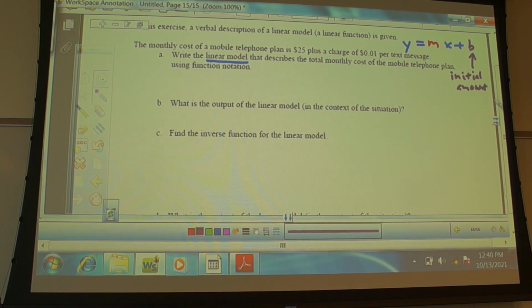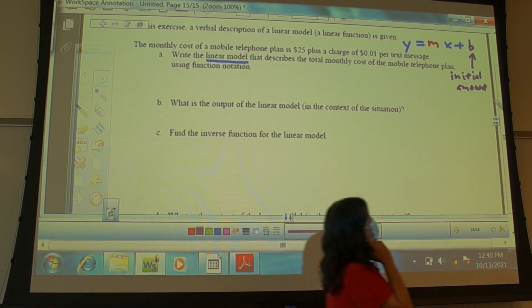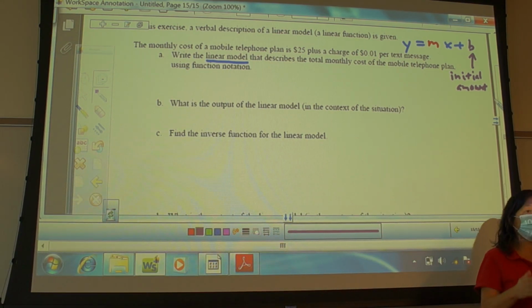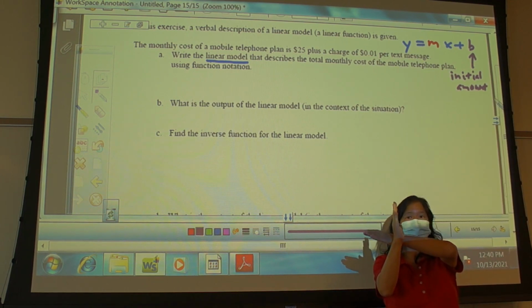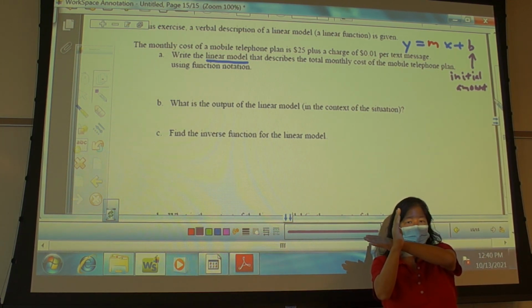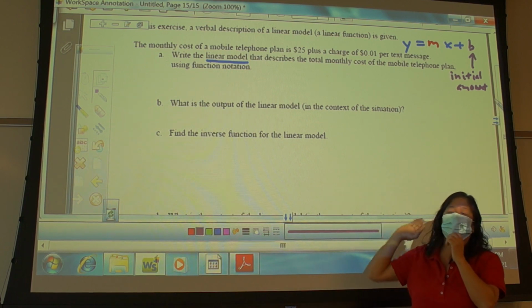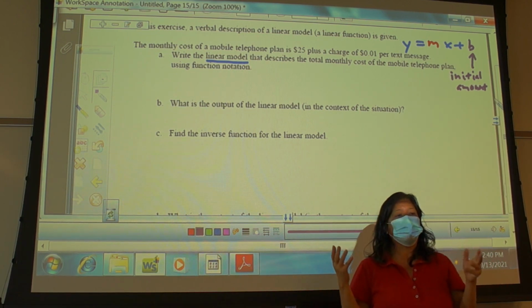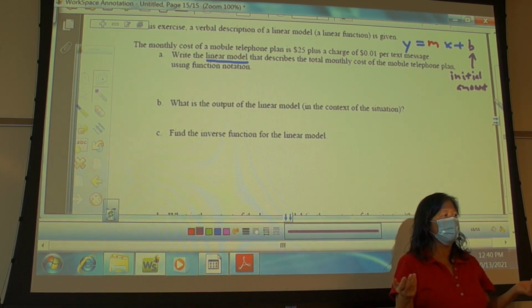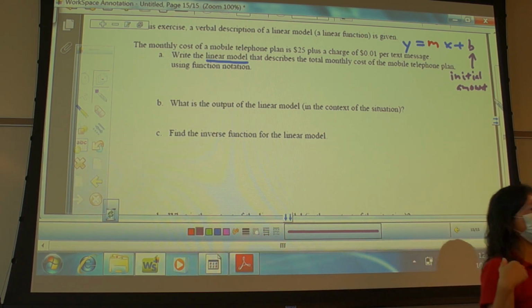It's my starting amount, right? If I'm looking at a graph, folks, then B is my y-intercept. If I'm looking at a word problem, then that's the same thing as initial amount. Your y-intercept is your initial amount, what you start with.